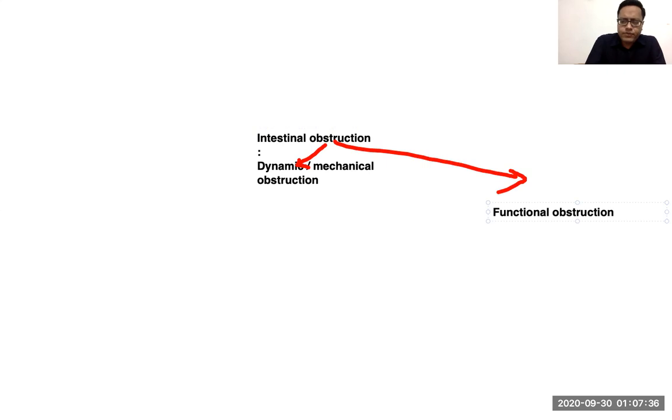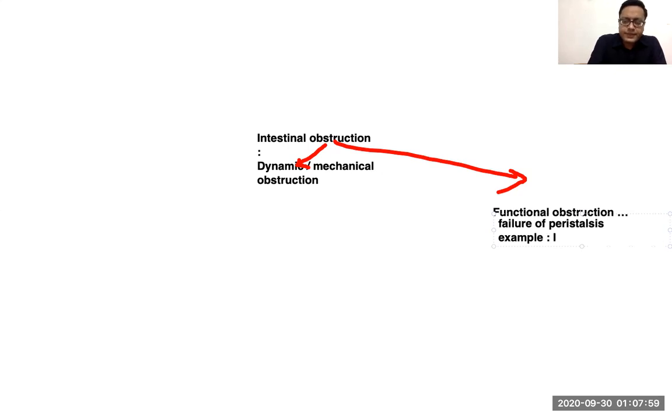Mostly it's due to failure of peristalsis. Like ileus, post-surgical ileus, we get that. Example is ileus.